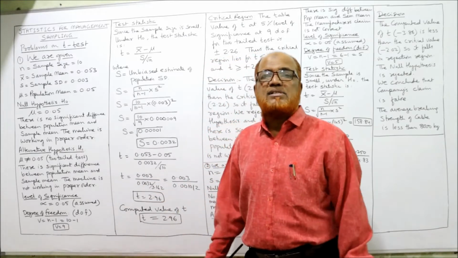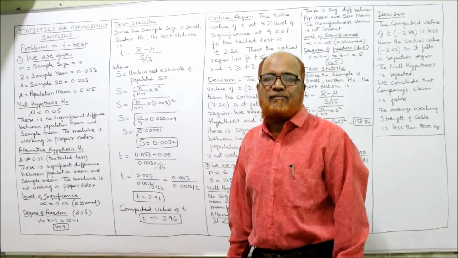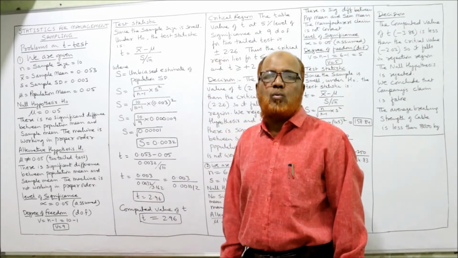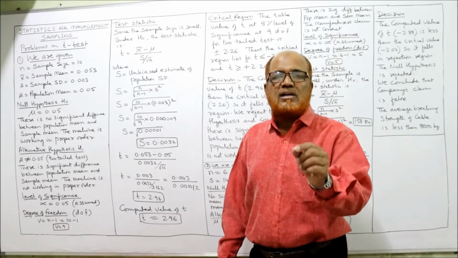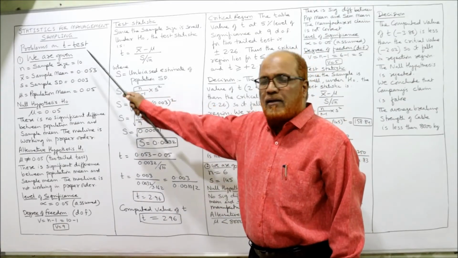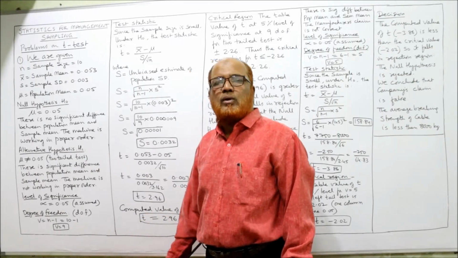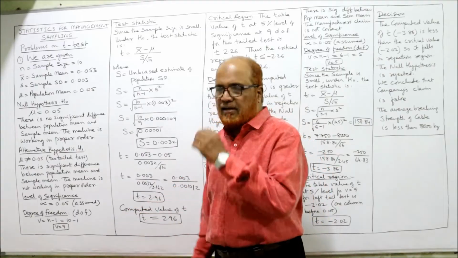In t-test we have 6 steps, 1 extra step, that is degree of freedom, DOF. The formula is v is equal to n minus 1. v is degree of freedom. n is sample size. What is the sample size here? 10. So 10 minus 1, it comes to 9. v is equal to 9. So degree of freedom is 9.